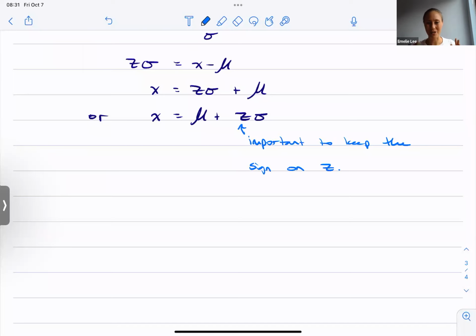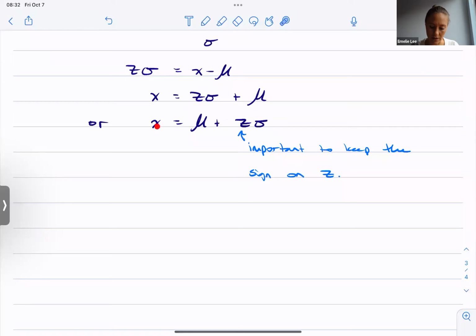Otherwise, your observations are always going to be above the mean if you're always adding them, but that's not always the case. So I'll give you this on a formula sheet, so you'll have that. Don't worry.